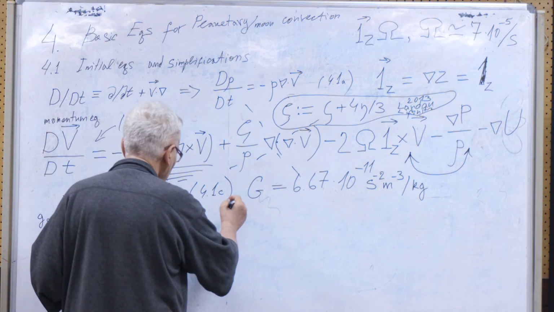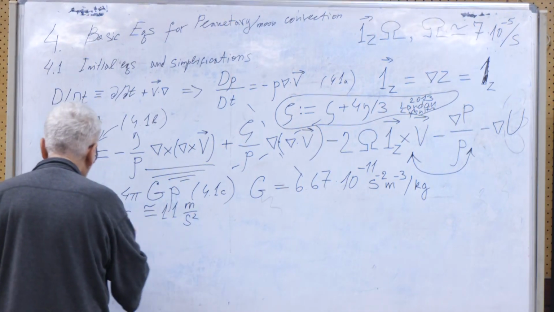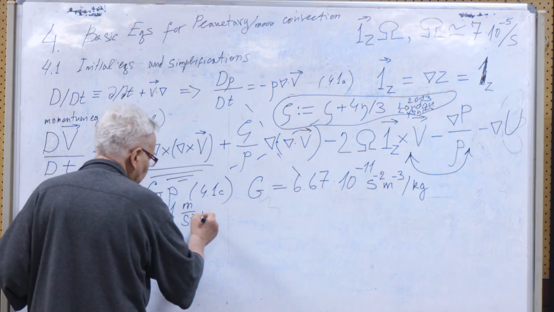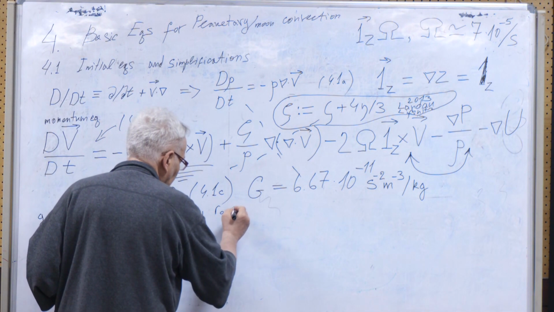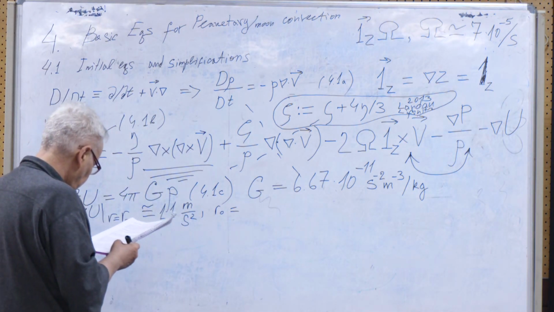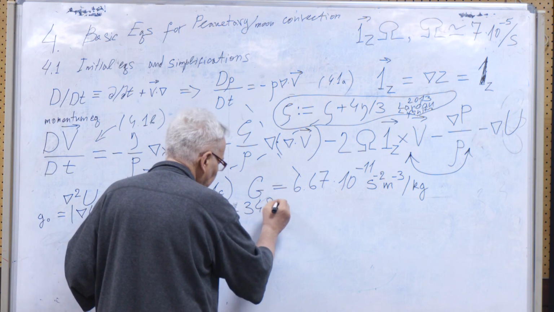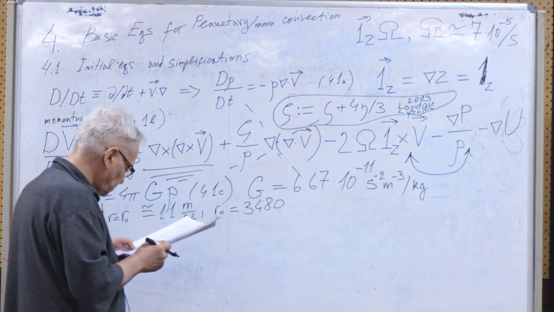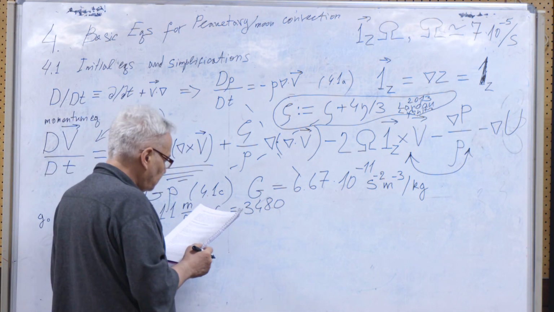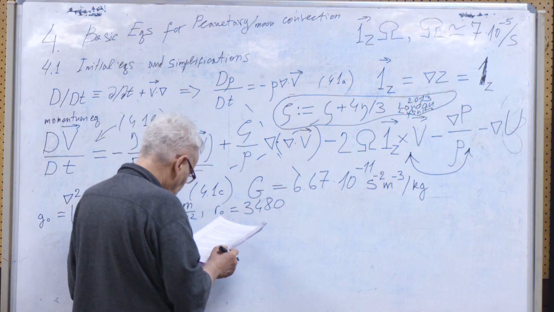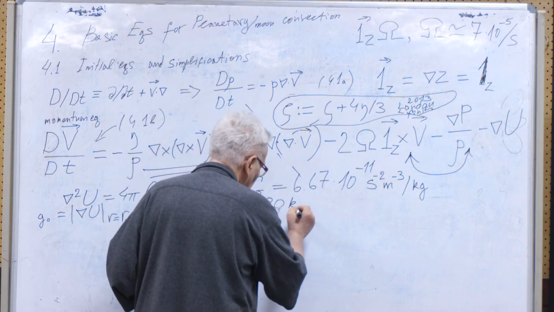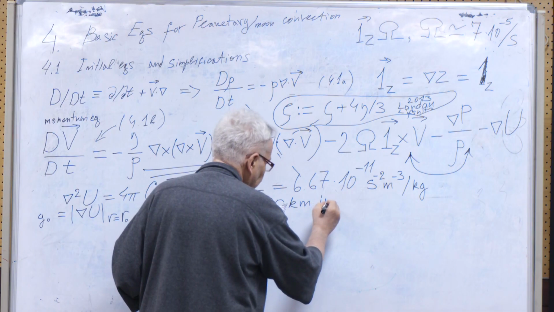So this R0, we can just write down the value for the Earth. This R0 is measured quite precisely by the seismic method, 3,500 kilometers in the Earth.